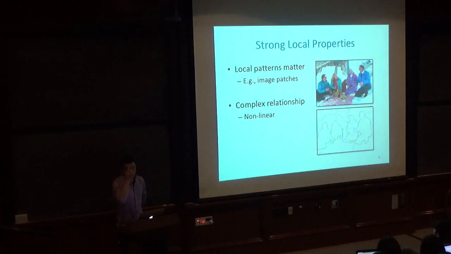So in order to come up with such a reduction, we need to come up with some sort of assumptions about the structure of the problem. And so here are a few properties that we can roughly state, at least at this level of informality. So this is a fairly informal statement, but here's how it goes. Local patterns matter.